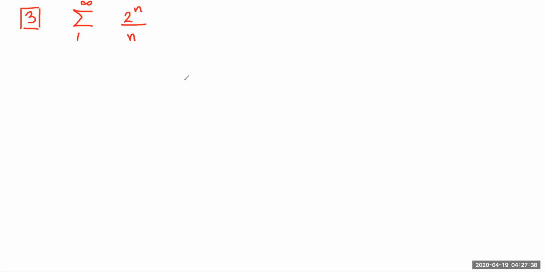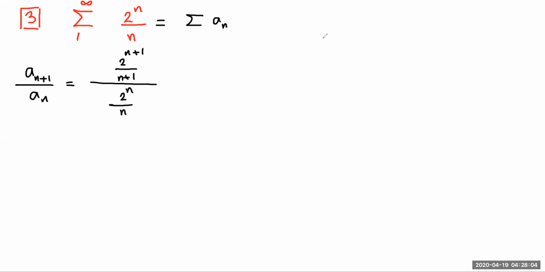The next example here, this is sigma an. We take an plus 1 over an, and we find 2 power n plus 1 over n plus 1, over 2 power n over n. We can delete this term with this term.